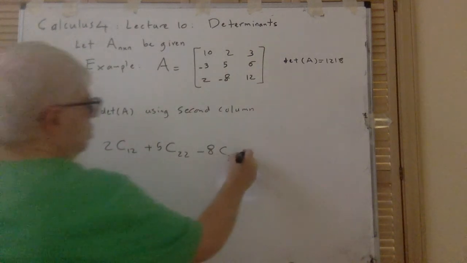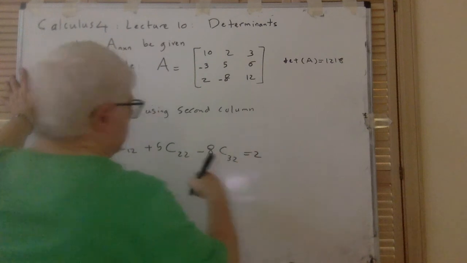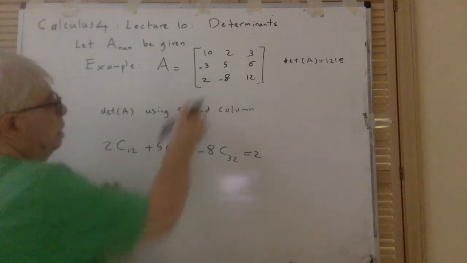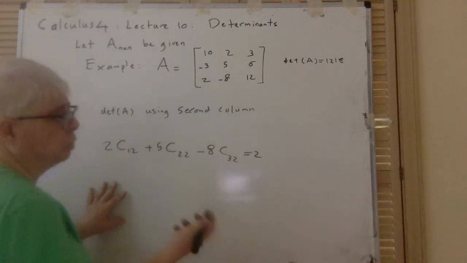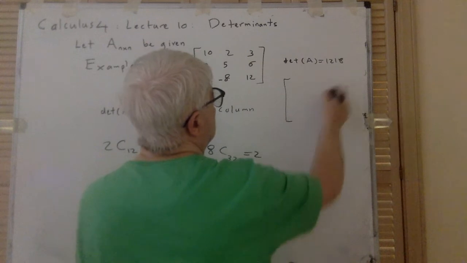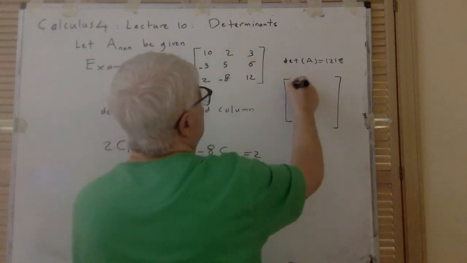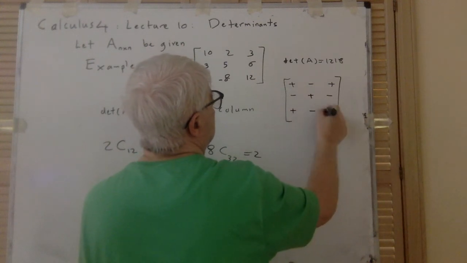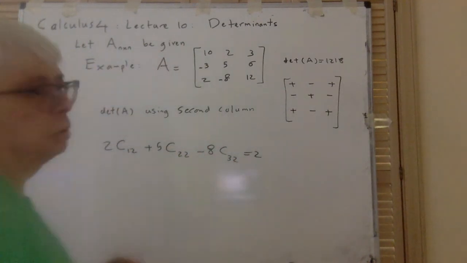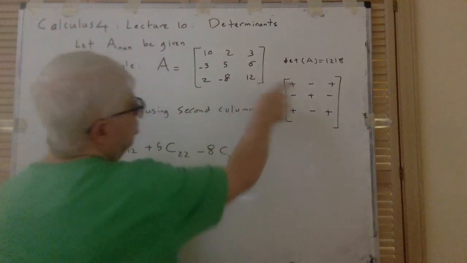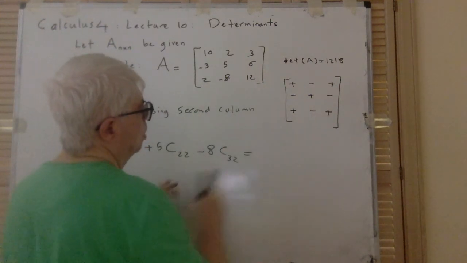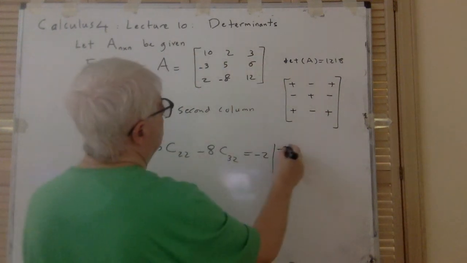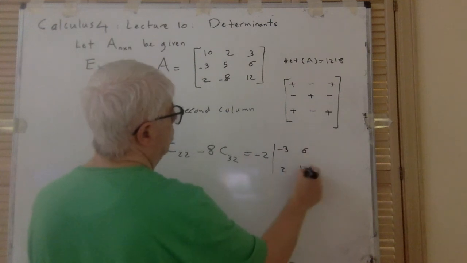Now, what is each one? In order to see which one is positive, which one is negative, I can draw another matrix here. So this one will be positive, negative, positive, negative, positive, negative, positive, negative, positive, okay? So these are the signs. This one will be negative, so it is negative 2 times determinant of, we get rid of this and this, minus 3, 6, 2, 12.